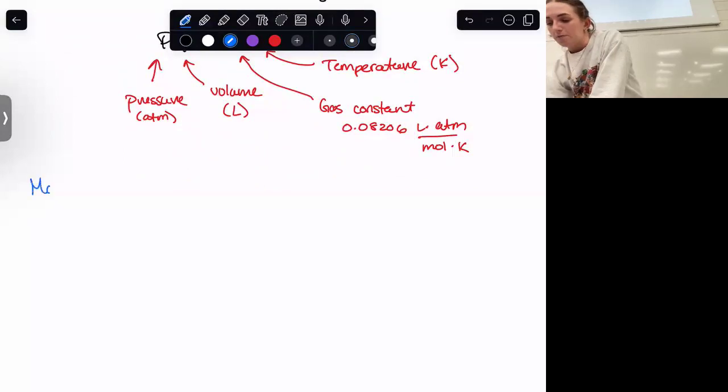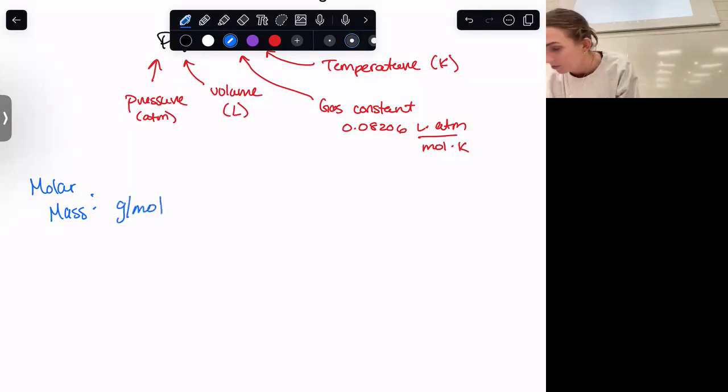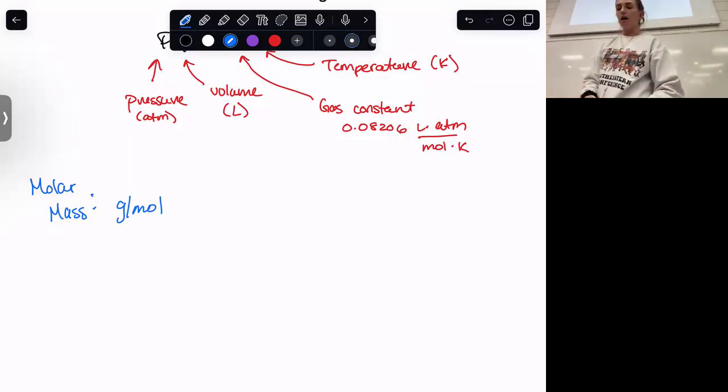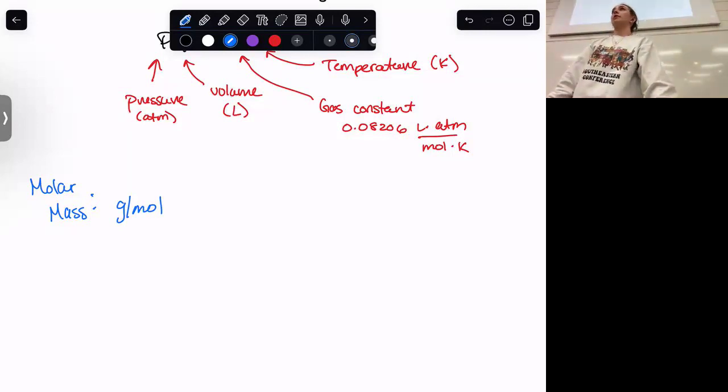If we're talking about molar mass, what are the units of molar mass? Grams per mole. Yep. So if we're given grams of something, or we're given the identity of a gas, you can use molar mass in your PV equals nRT equation. Usually you might be asked for the identity of a gas.